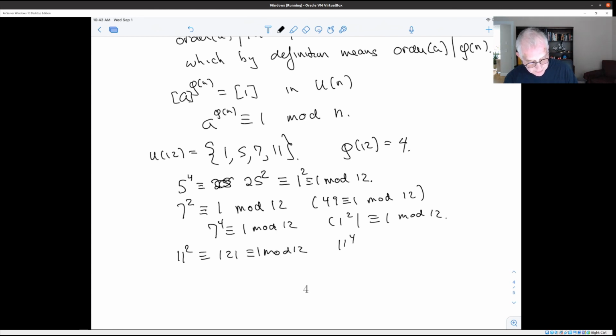So 11 to the 4th is also congruent to 1 mod 12. So in these simple examples, we see that Euler's theorem holds. But the thing to remember about both of these theorems is that they are applications of Lagrange's theorem together with what we know about cyclic groups or the order of an element to the special case of the group U(n).